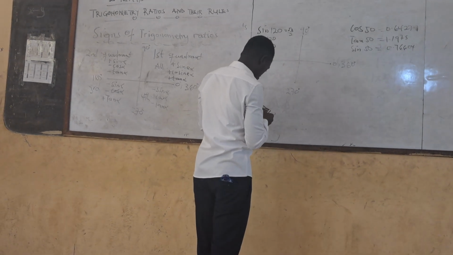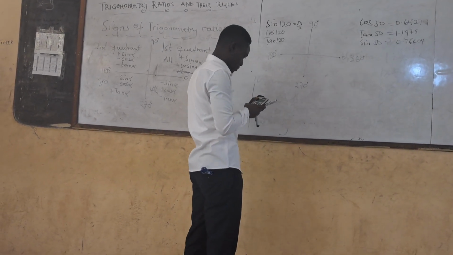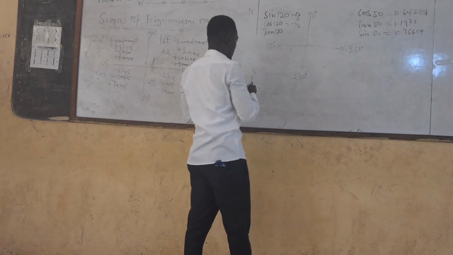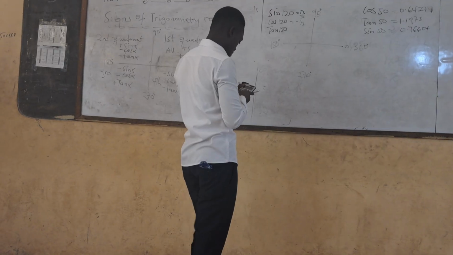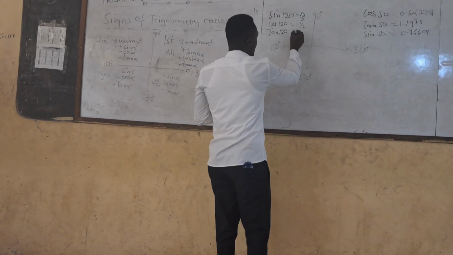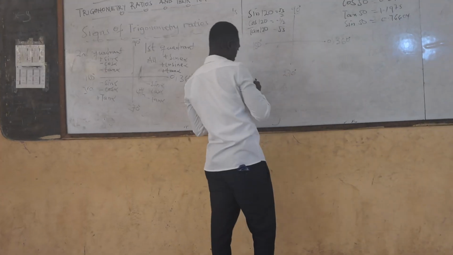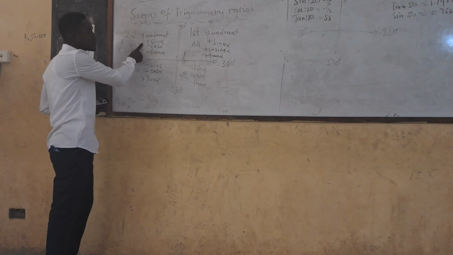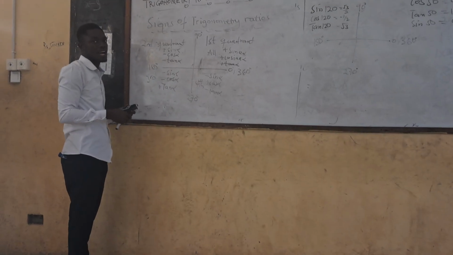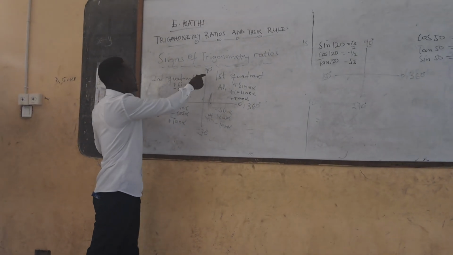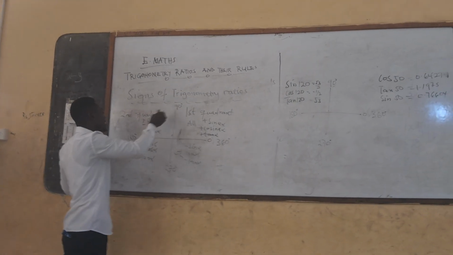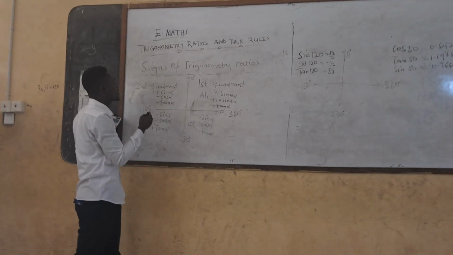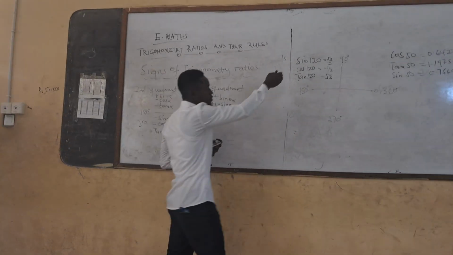Cos 120 is negative half. Tan 120 is negative root 3. As you can see, in the second quadrant sine is positive while the rest are negative. So any value from 90 to 180 should give only sine positive, and that's what we have proved here.